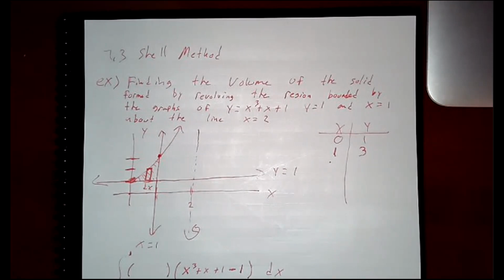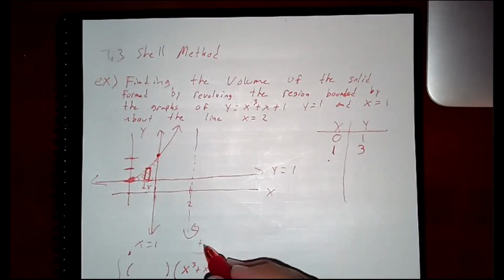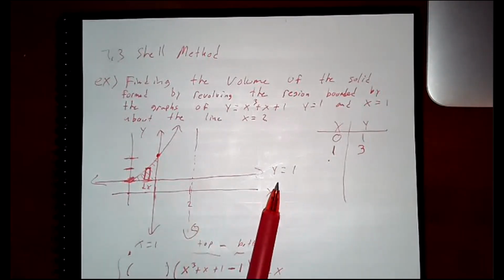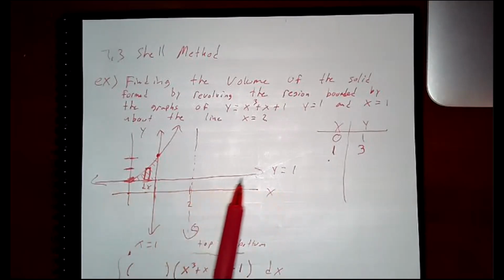So the 1 comes from the x minus 1, or? Yeah, so it's going to be the top minus the bottom. So the minus 1 is this equation, y equals 1. So I'm subtracting the bottom part. You see that?